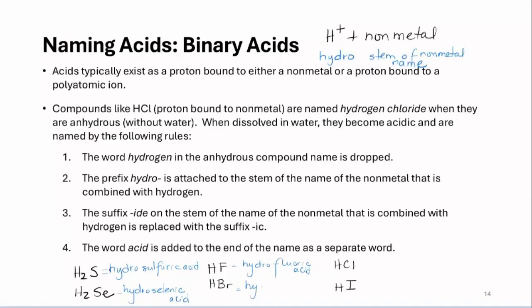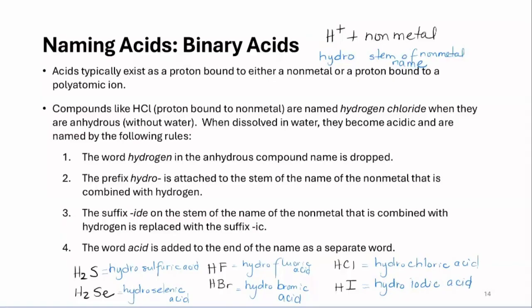HBr, hydrobromic acid. HCl is hydrochloric acid. And lastly, HI, this is hydroiodic acid.